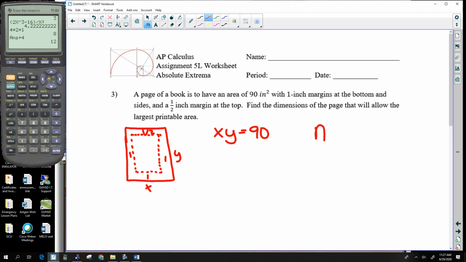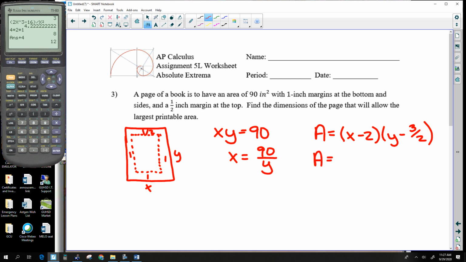Okay, so the area is the printable area, and that would be x minus 2 times y minus 1.5. Let's go with x. X is equal to 90 divided by y.